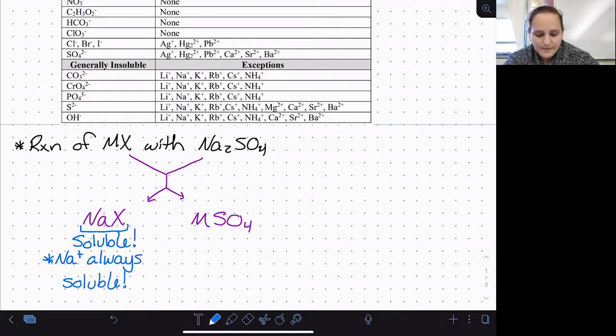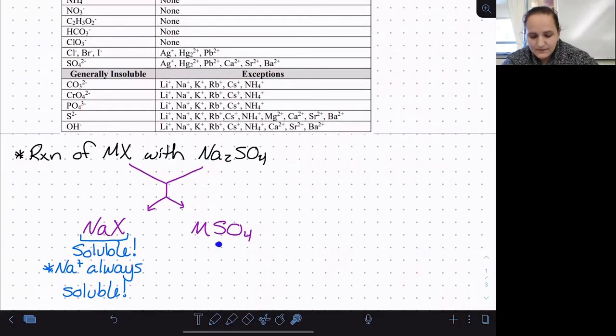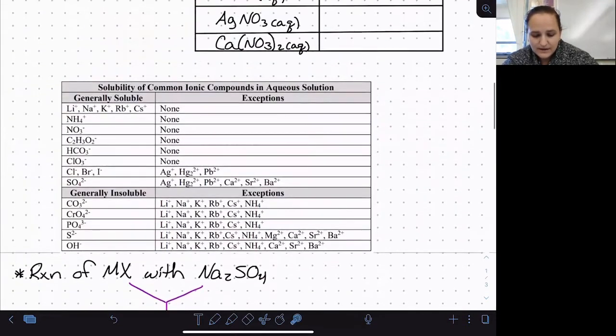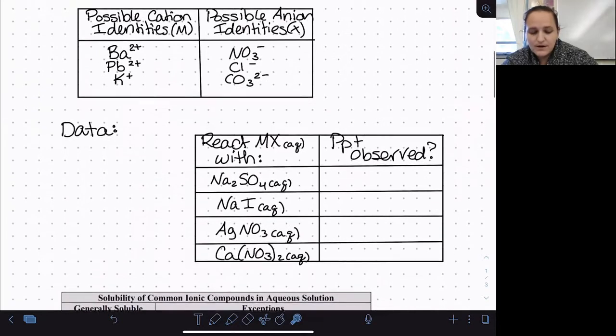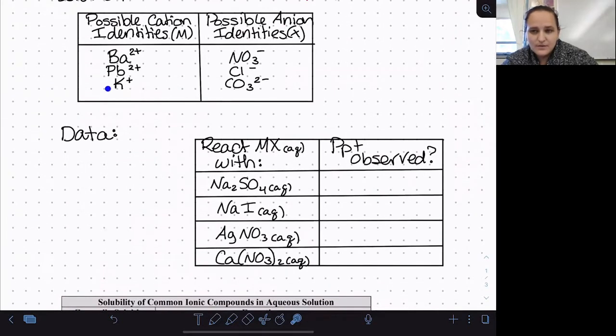However, sulfate is usually soluble, but it has some exceptions, and a couple of those exceptions are on a list of possibilities for what our cation could be. If we look back at that list, our cation could be barium, lead, or potassium.